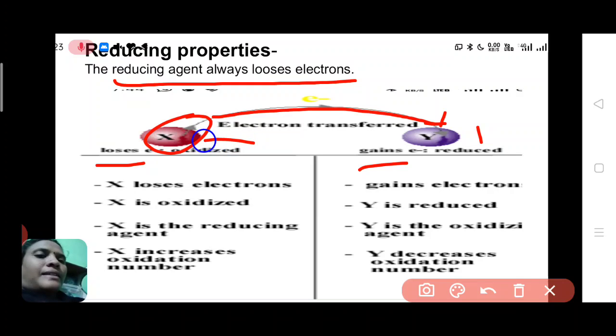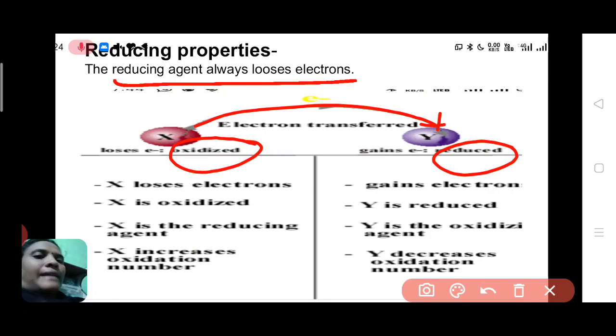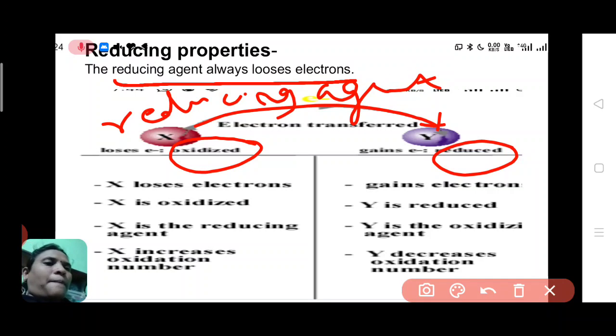So here X is getting oxidized and Y is getting reduced because it is accepting the electron. X is losing its electron, meaning it is reducing Y. X is oxidized itself and reduces Y. So X is a reducing agent, and Y is an oxidizing agent.